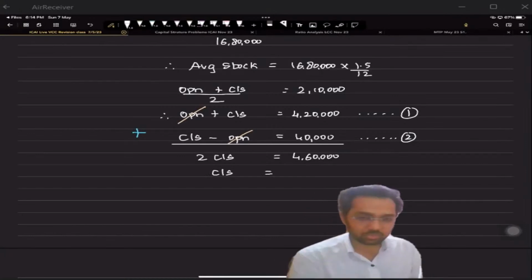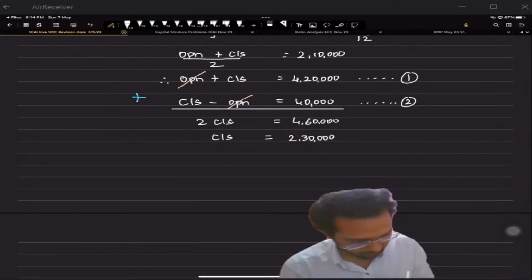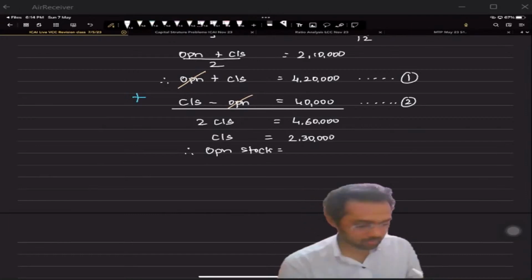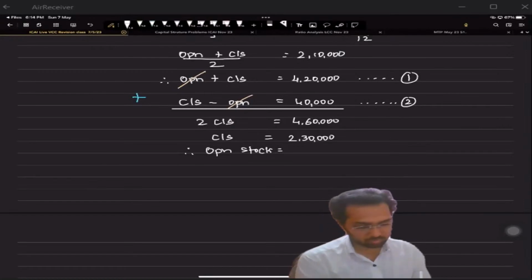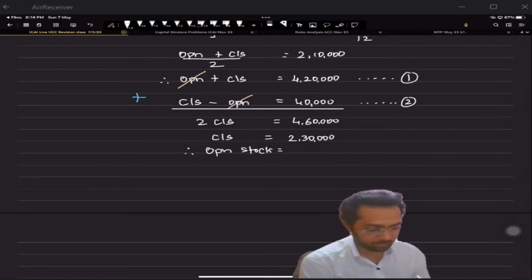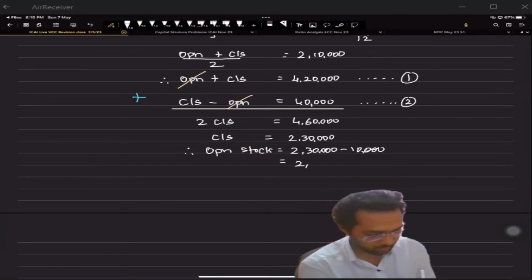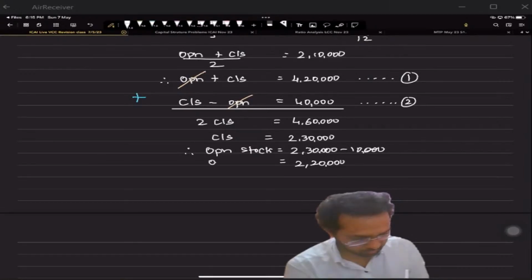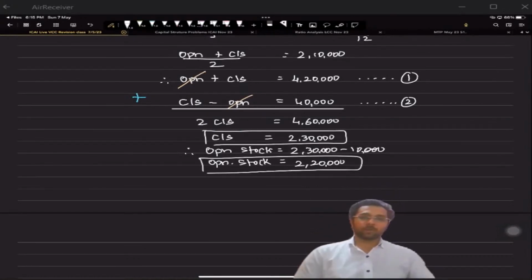So closing stock will work out to be 2,30,000. Closing is more than opening by 10,000, so opening is 2,30,000 minus 10,000, which is 2,20,000. So we have the closing stock figure and the opening stock figure.